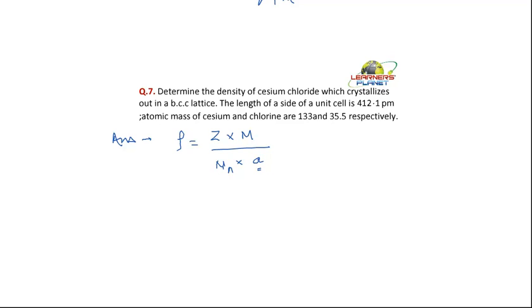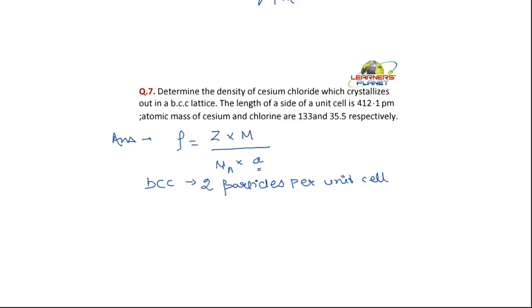No, in a BCC lattice there are 2 particles per unit cell. Right? So there are 2 particles per unit cell.